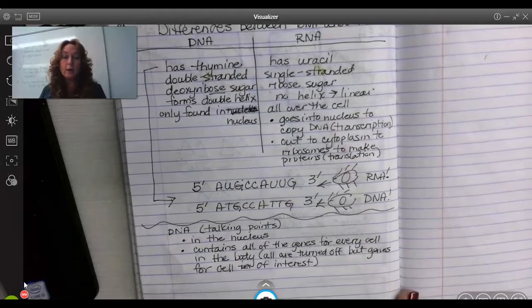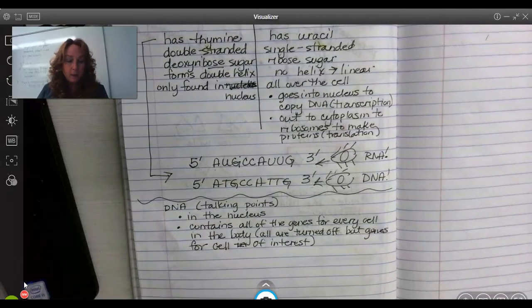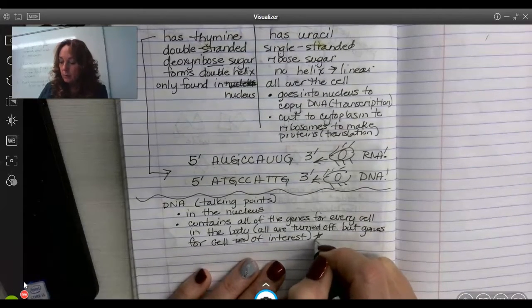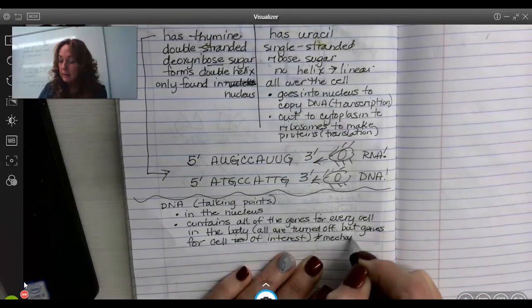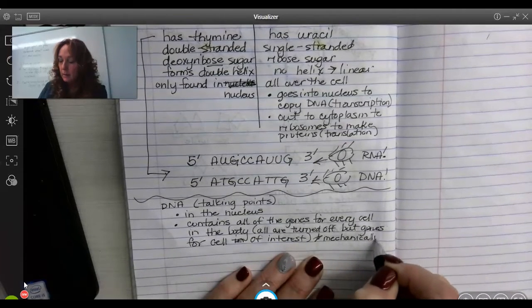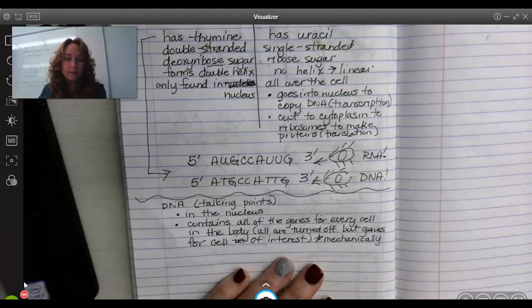It's the one you're talking about at the time. We could put a little note here that this is done mechanically, which means we block them. They're physically blocked.